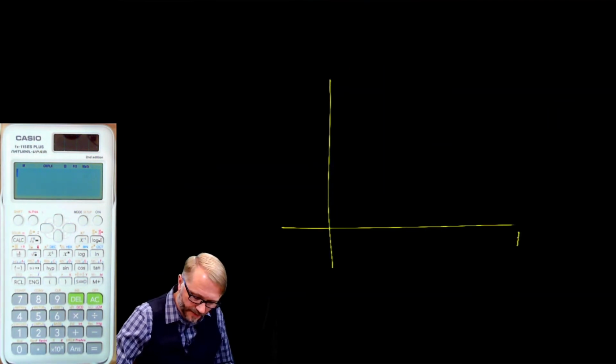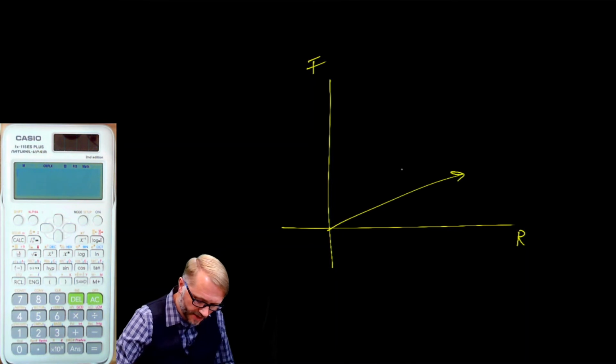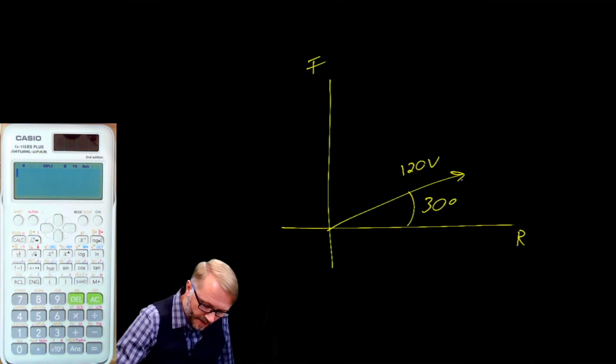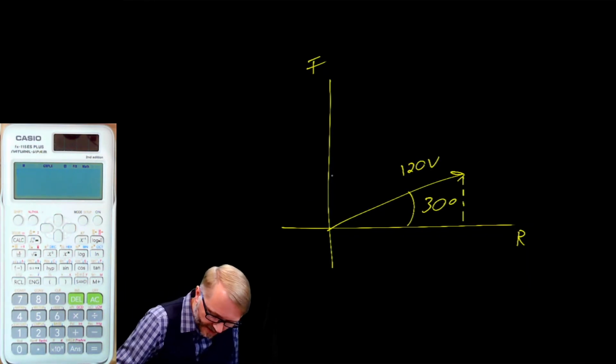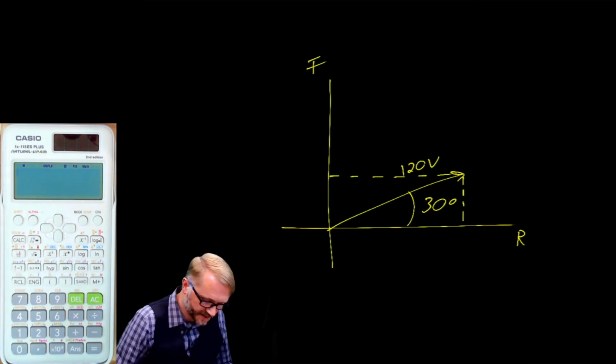All right, so clean it up. Again, we have the real, the imaginary. We had a voltage of 120 volts. It had an angle of 30 degrees. There are two different ways we can express this.